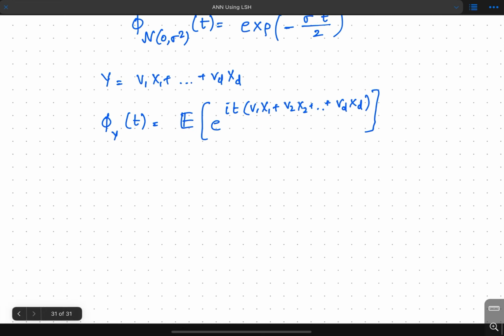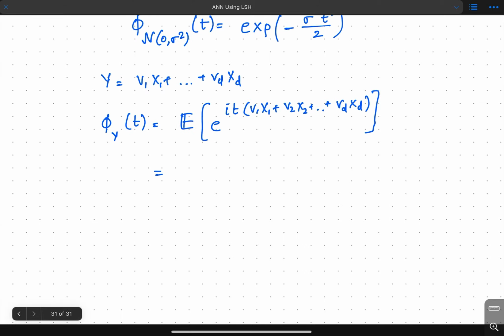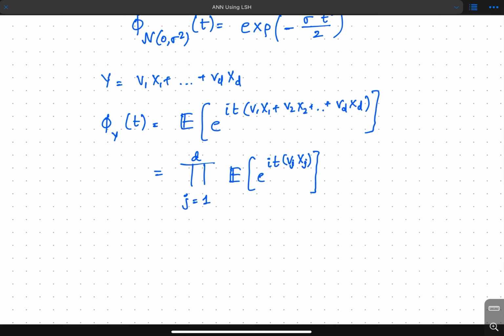And we also know that all x1, x2 and so on xd are independent, so this will turn out to be the product over j equal to 1 to d of the expectation of e power it vj xj, sorry.